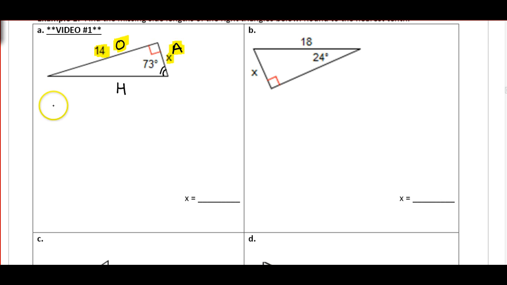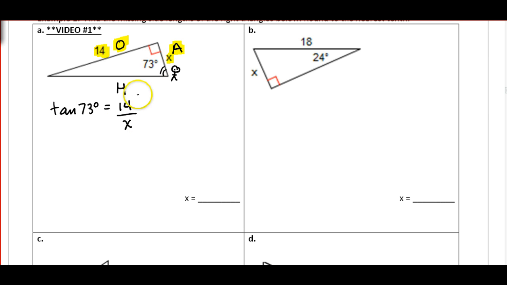So I can set up an equation where the tangent of 73 degrees is equal to the opposite side, which is 14, over the adjacent side, which is what we're trying to find, which we'll let be x. Again, opposite and adjacent are from where we're standing, at the 73-degree angle.